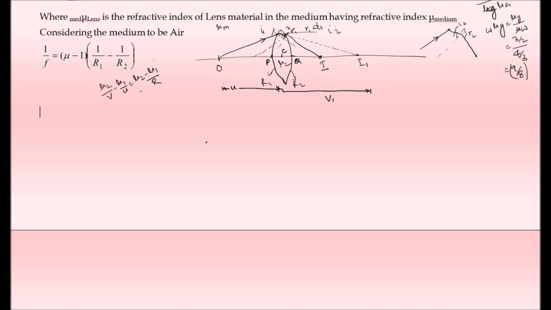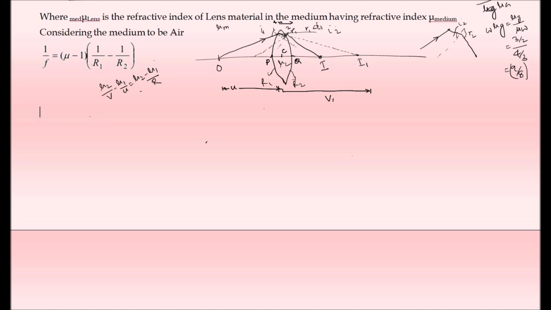In fact, the object distance OP is equal to u, and the image distance PI1 is V1. The radius of this first surface is R1, and it should be taken with a positive sign, as the direction of the incident light ray is taken to be positive.